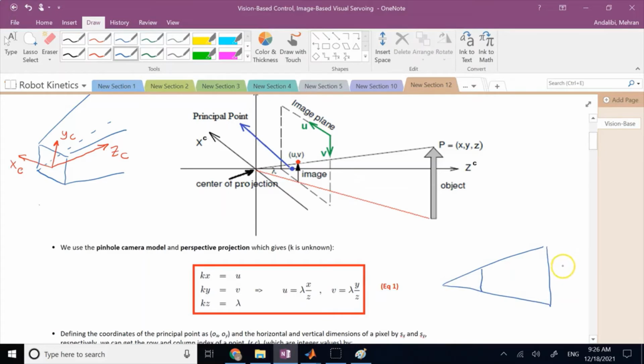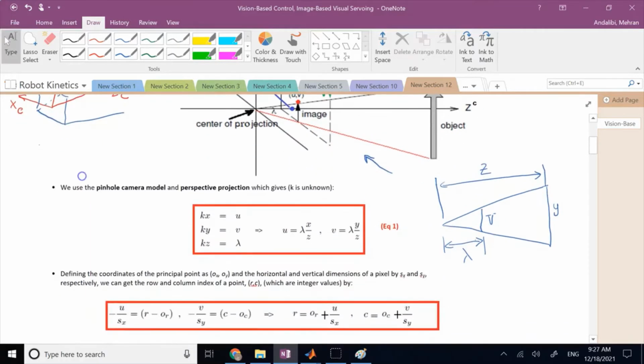If you look in this direction, perpendicular to the YZ plane, or in the direction of X, what you will see is you have this height to be V, and then you have this height to be your Y, and then you have this distance from here to here to be lambda, and then this distance from here to here to be your Z, correct?